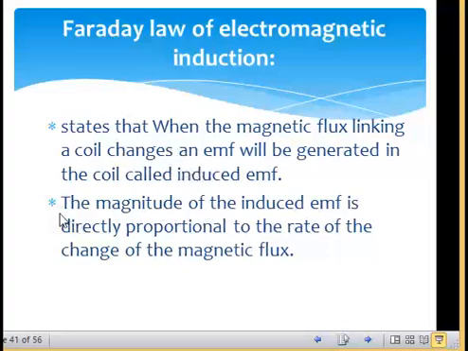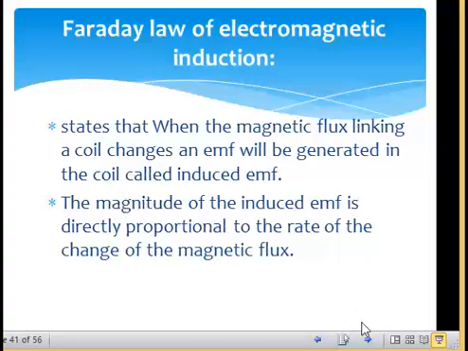Now according to him, in his second law, he stated that the magnitude of this induced EMF is proportional to the rate of change of the magnetic flux linking the coil. So the higher the rate of change of the magnetic flux, the more induced EMF is produced.